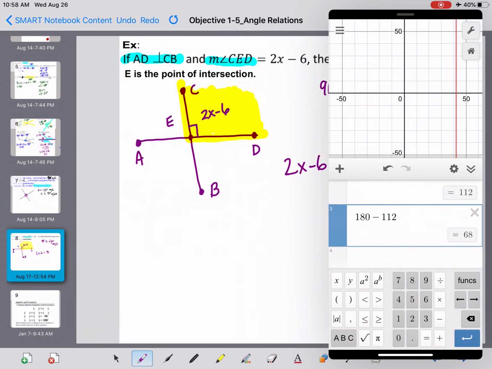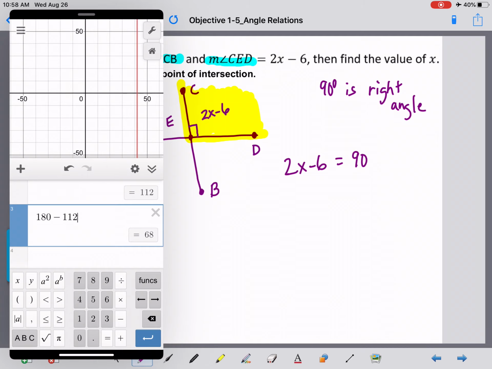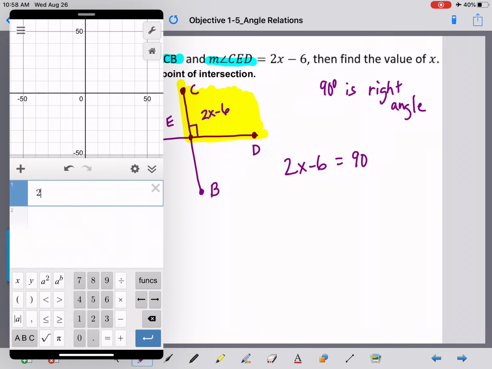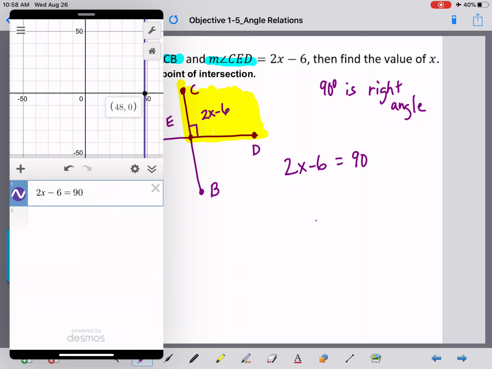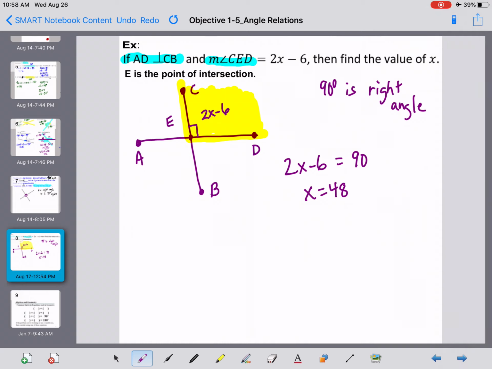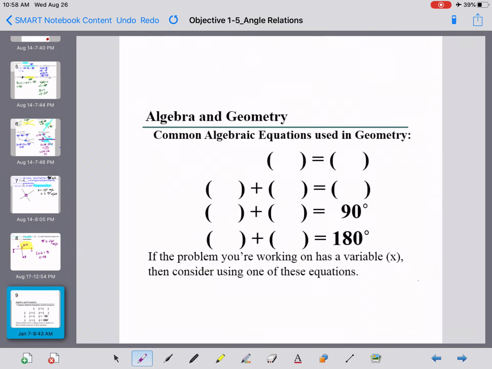Not so bad. Super easy after I drew my picture. So when you don't have a picture, you really should be drawing one. Sometimes after you draw the picture, you can almost figure out the problem in your head without much work. So x is 48.